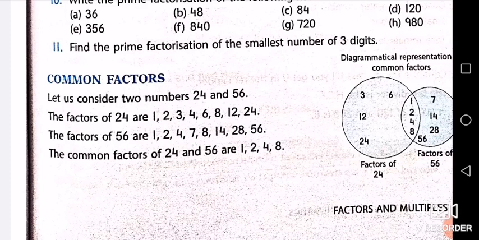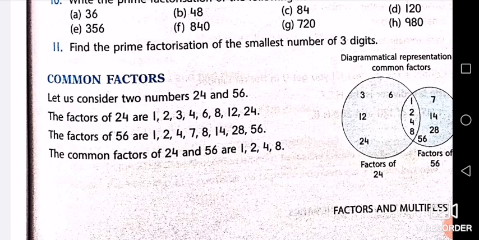Now here one example is given. Let us consider two numbers 24 and 56. Factors of 24 are 1, 2, 3, 4, 6, 8, 12 and 24.